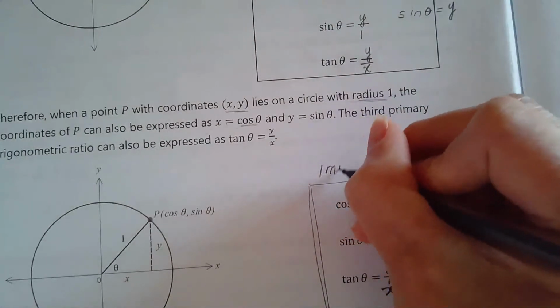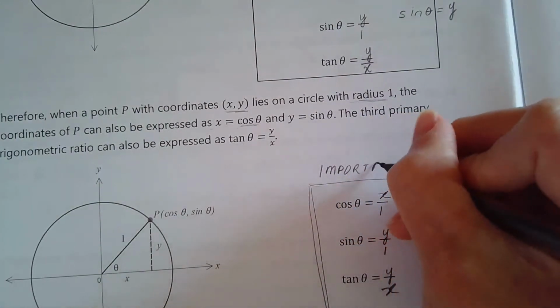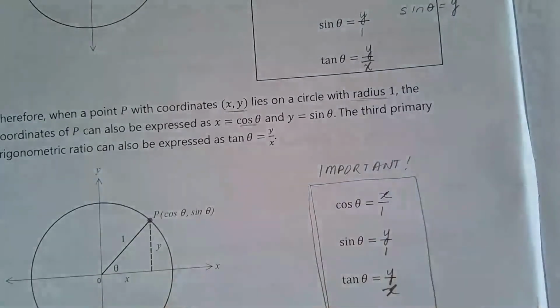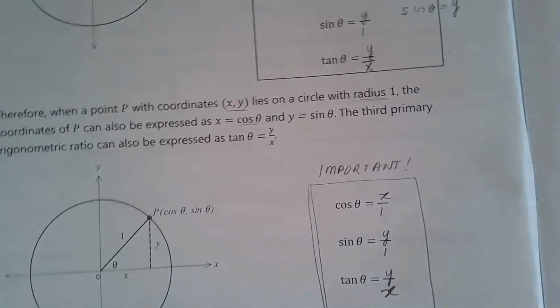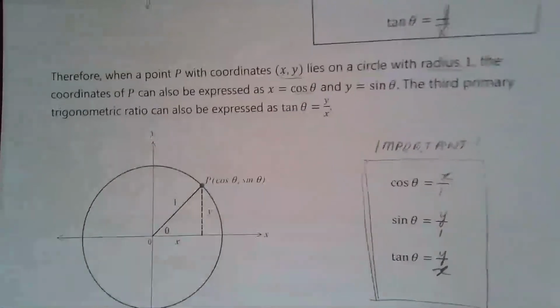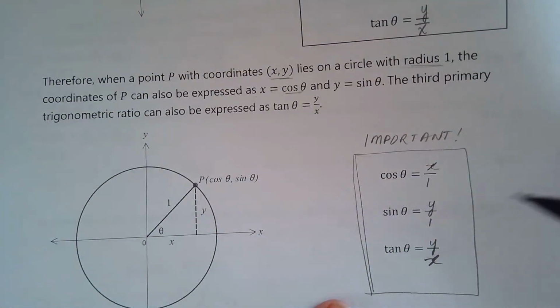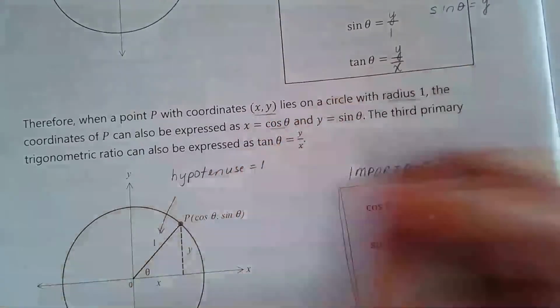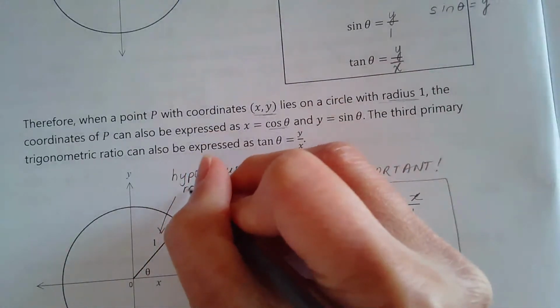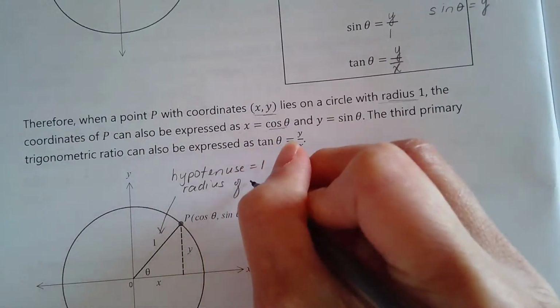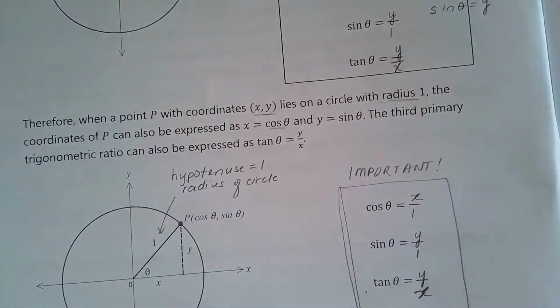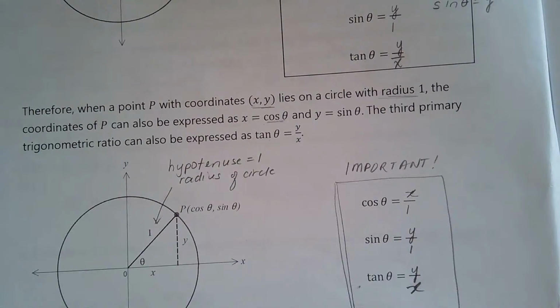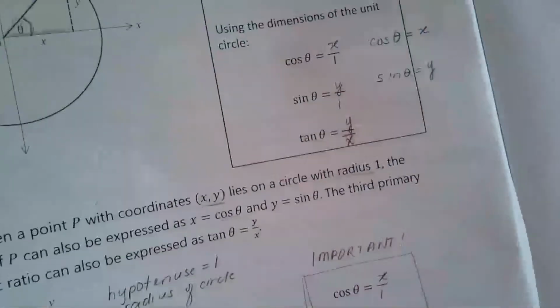So important. Okay, so those are the three trigonometric ratios according to our unit circle, where the radius or hypotenuse is 1, which is the same thing as the radius of the circle. Okay, so those are the sine, cosine, and tangent ratios.